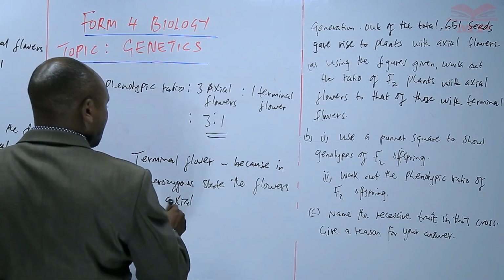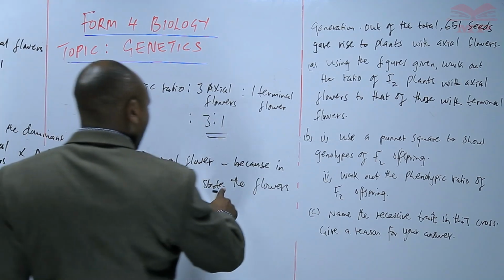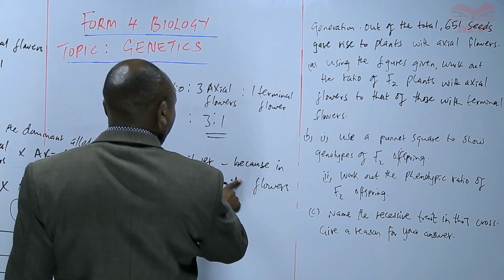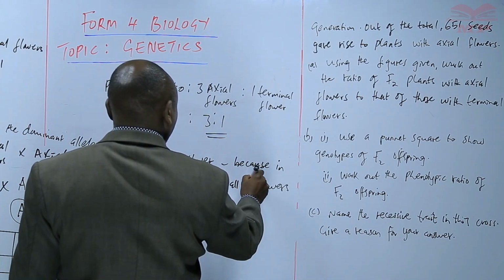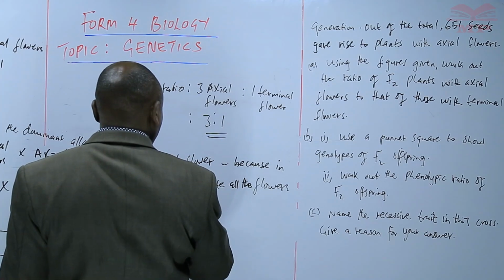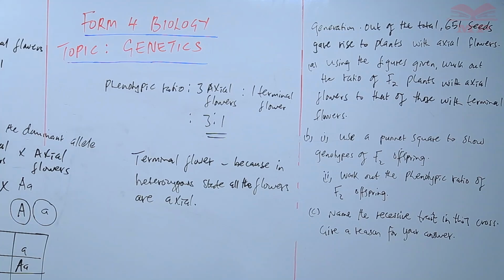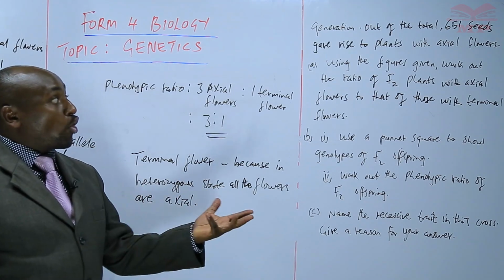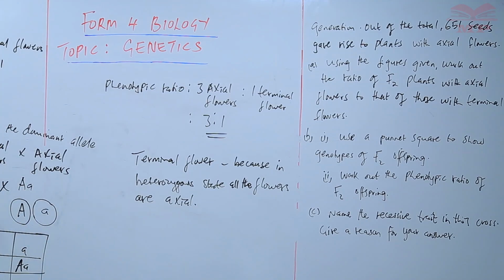In a heterozygous state, all the flowers are of axial state. So that shows that the terminal flower is being dominated by the axial flower.